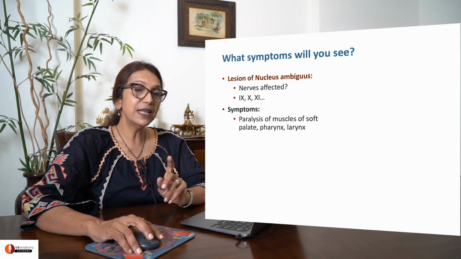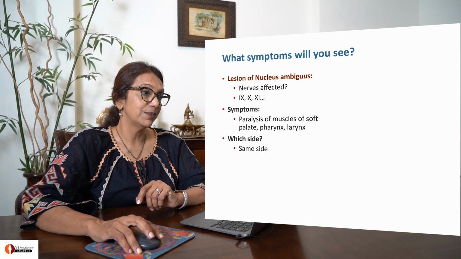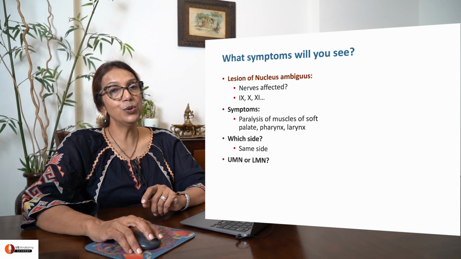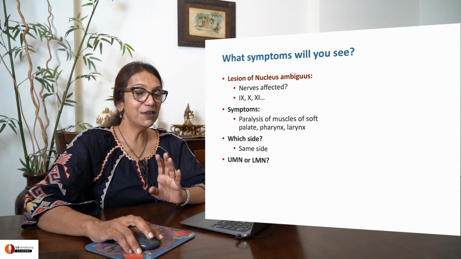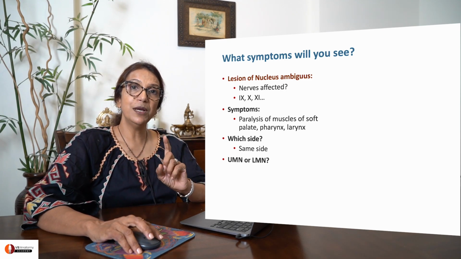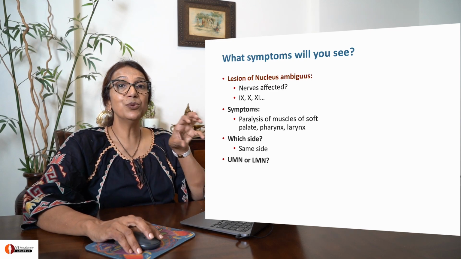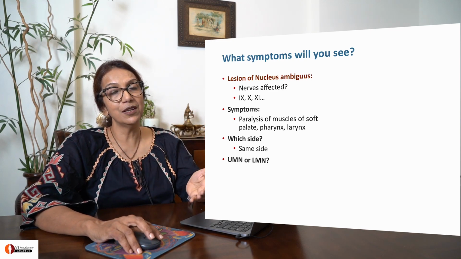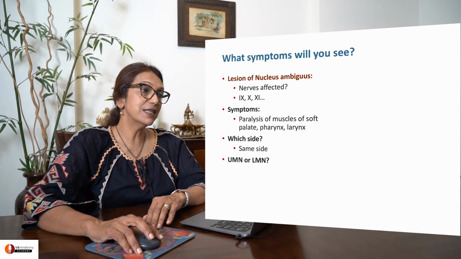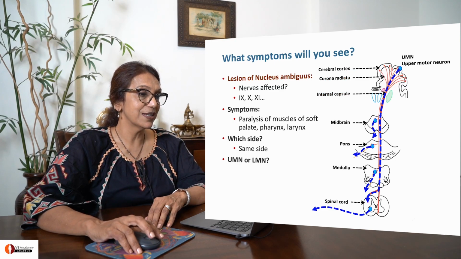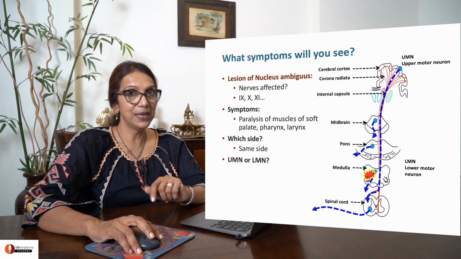Okay, so that's nucleus ambiguus. Is it upper motor neuron or lower motor neuron? I think we've done this discussion. It's going to be a lower motor neuron because the nucleus which is giving rise to the nerve itself is damaged. It's a lower motor neuron type of lesion. See? This is where the lesion is, so it's a lower motor neuron lesion.